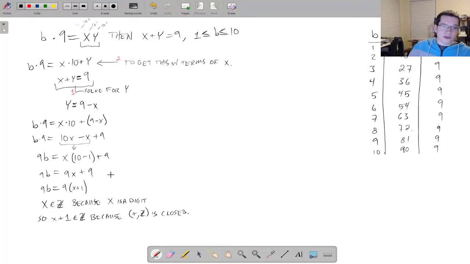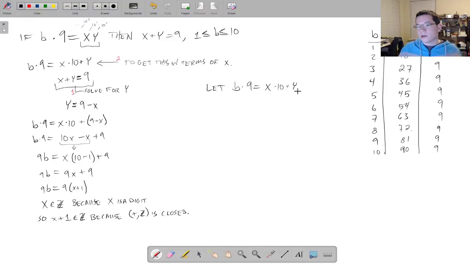So what we've just proven is that assuming both of these things is valid, but we haven't proven the if. So to prove the if, we have to assume one and not the other in this case. So let b times 9 equal x times 10 plus y.